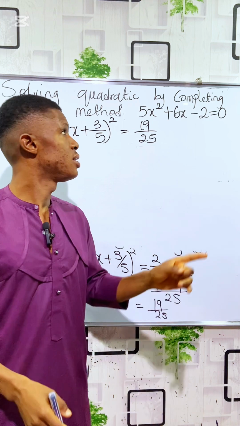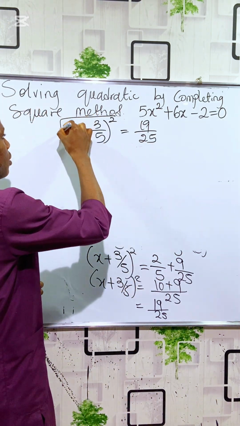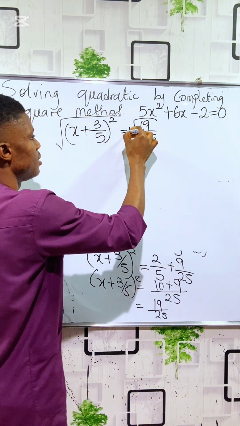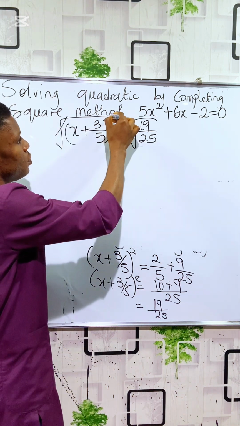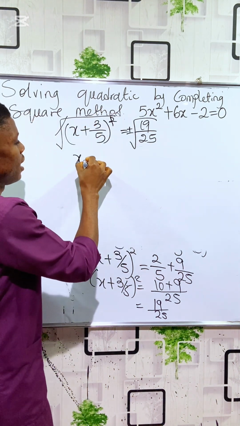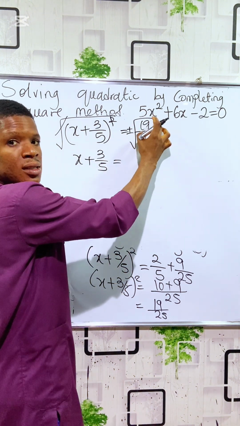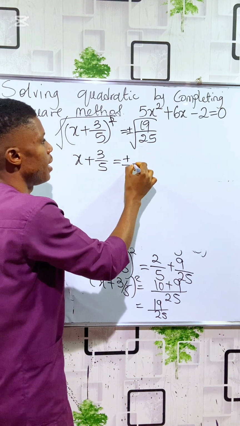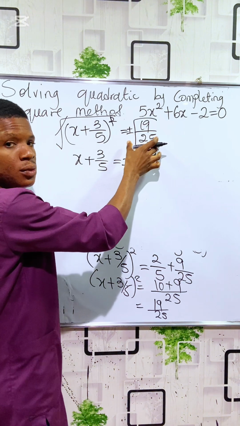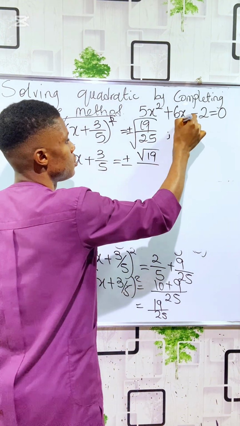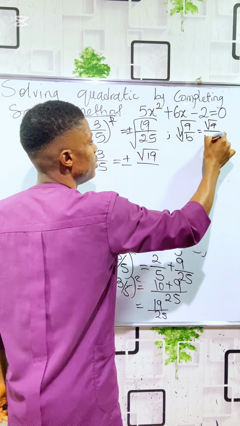Then the next thing we do, since we have the square, is take the square root of both sides. Taking the square root of both sides gives a positive and negative solution. So the square root will reduce this square, and we have x plus 3 over 5 is equal to plus or minus the square root of 19 over 25. We can split this, taking the square root of individual terms, because in the law of exponents, the square root of a over b is the same thing as the square root of a over the square root of b.